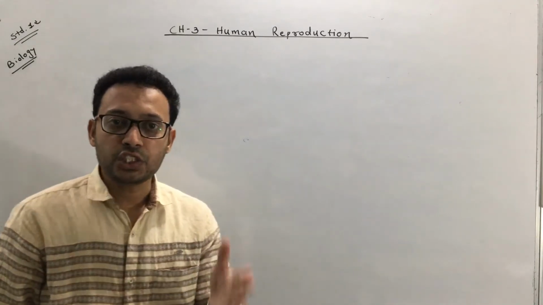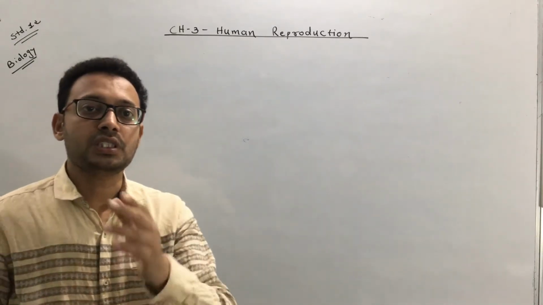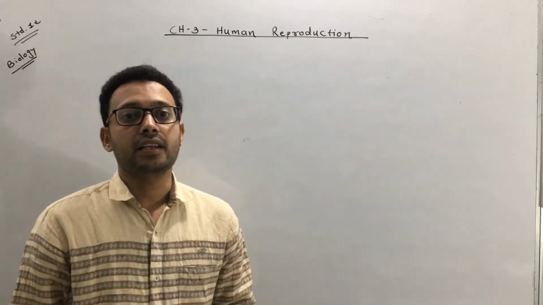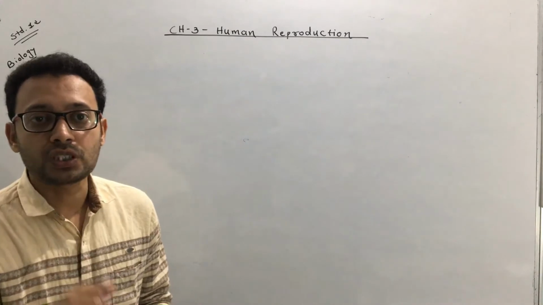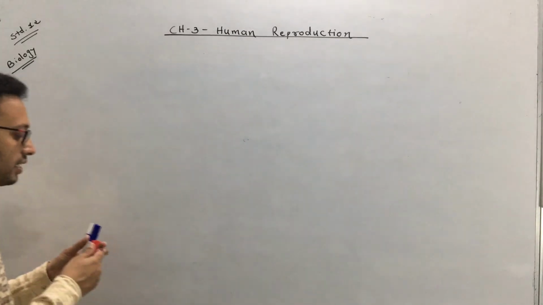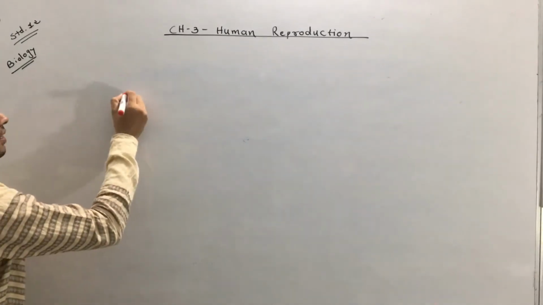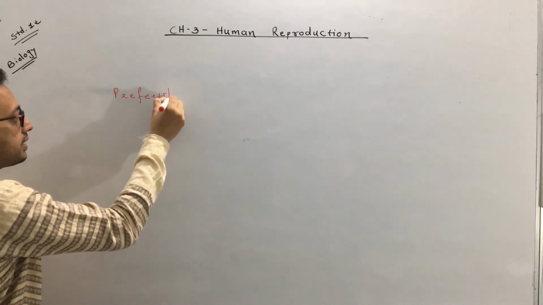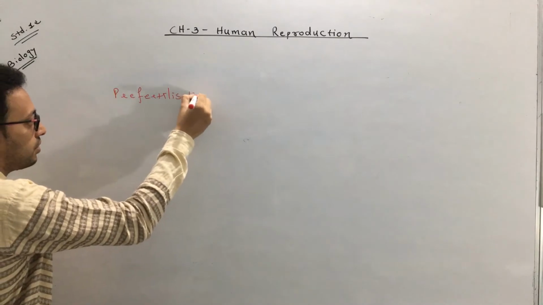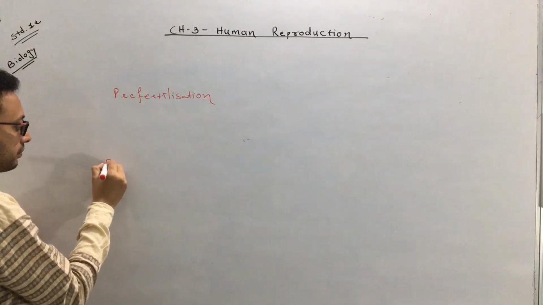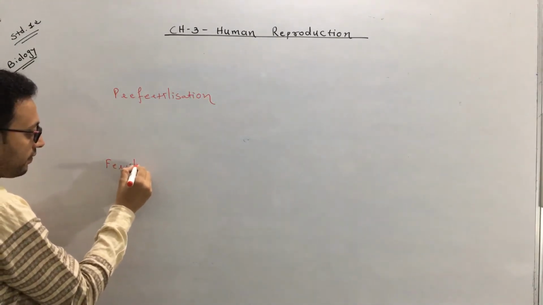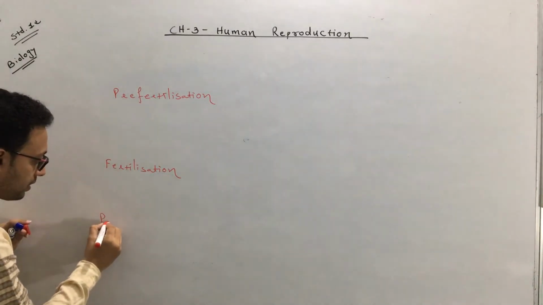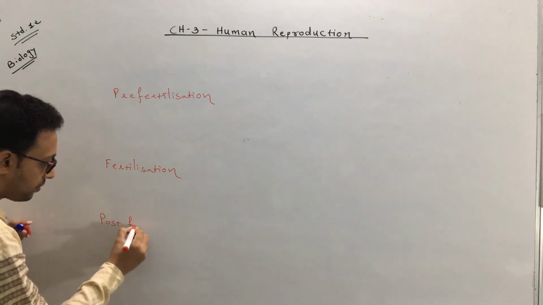As you know that humans reproduce sexually, the basic events that occur in any living organism which reproduces sexually are three. Which are the basic three events? The first is called pre-fertilization, second is called fertilization, and the third one is called post-fertilization.